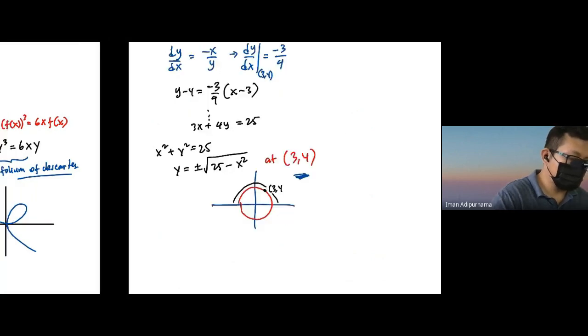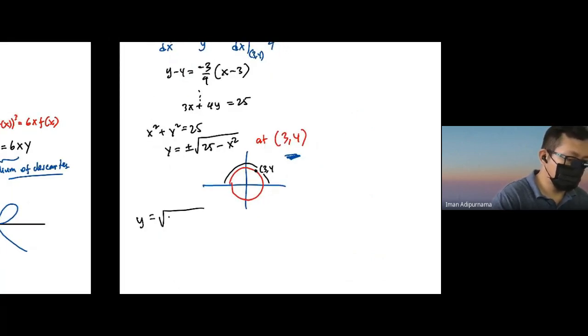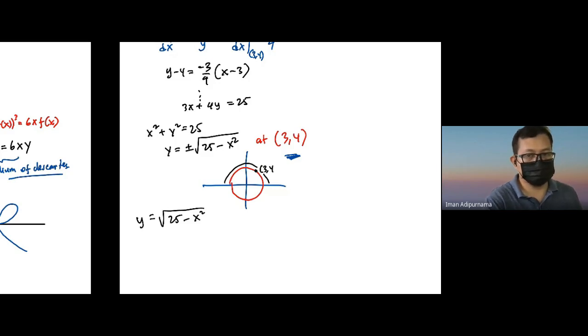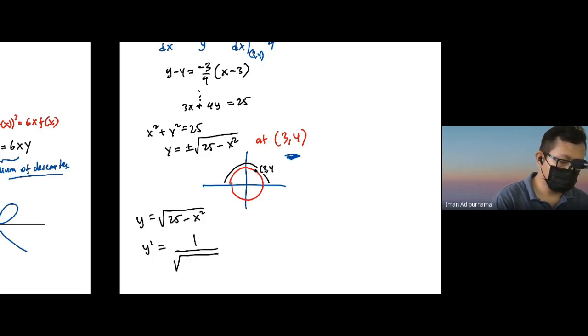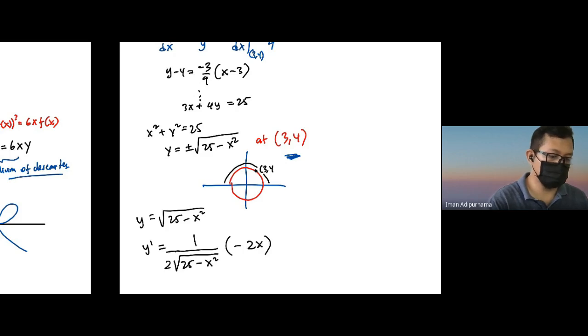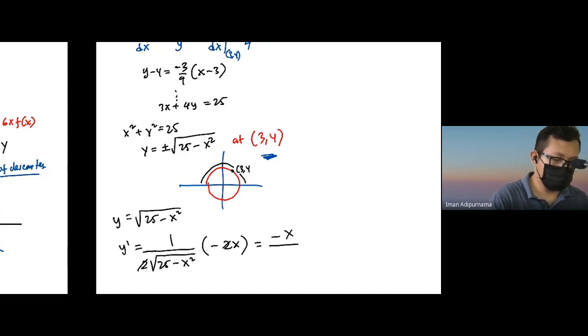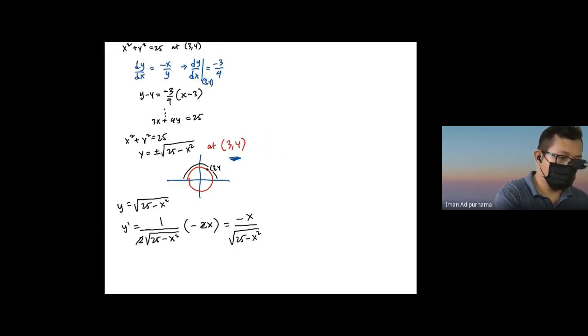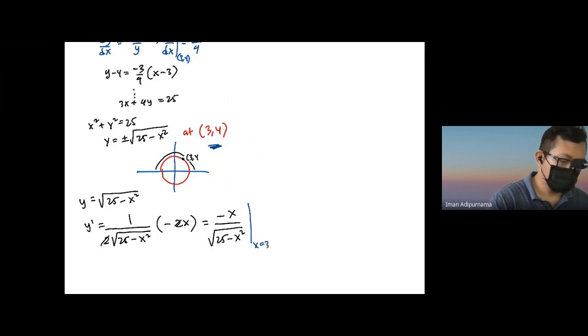So we are dealing with y equals the square root of 25 minus x squared, and we get y prime, and then this is minus 2x, cancel this, this will be negative x over the square root. Lastly, with x equal to 3, this will result in negative 3 over the square root of 16, which is 4.